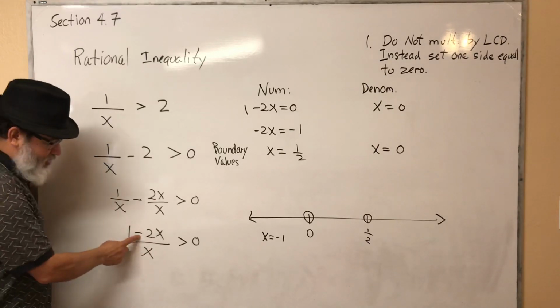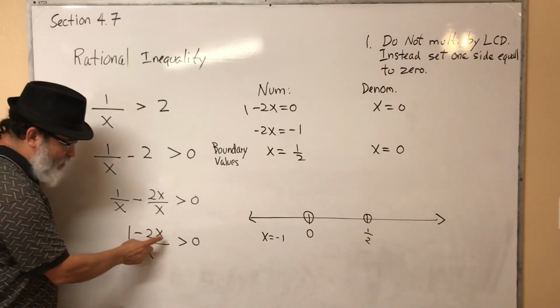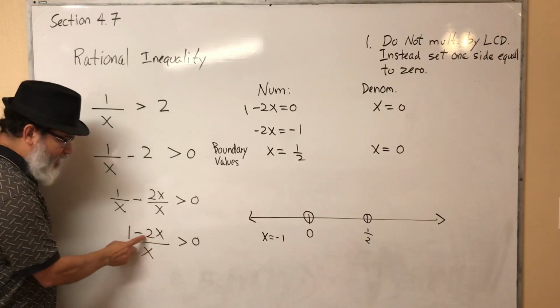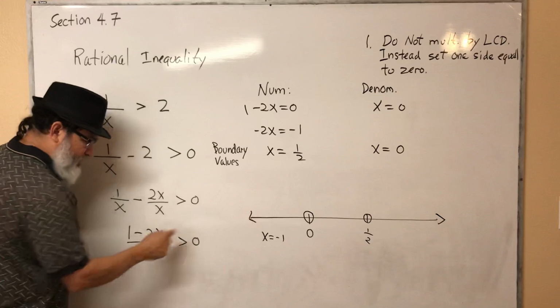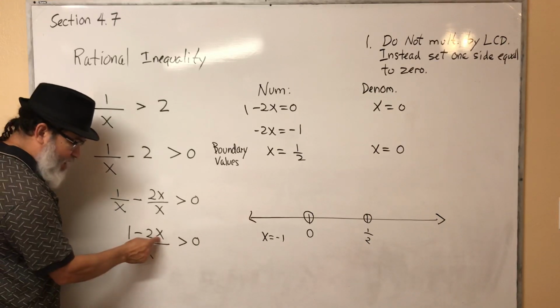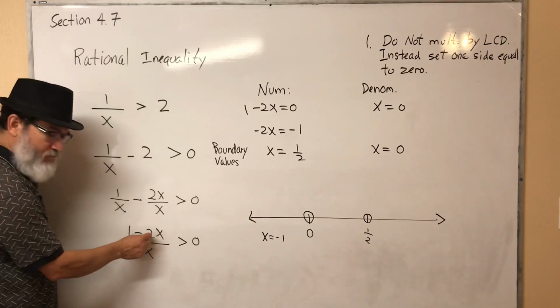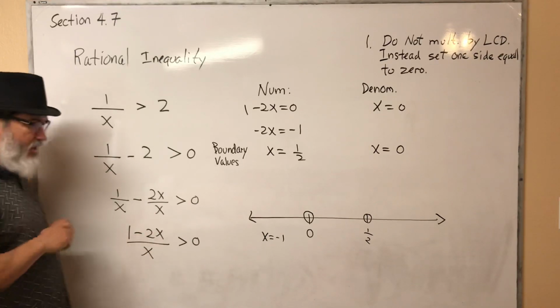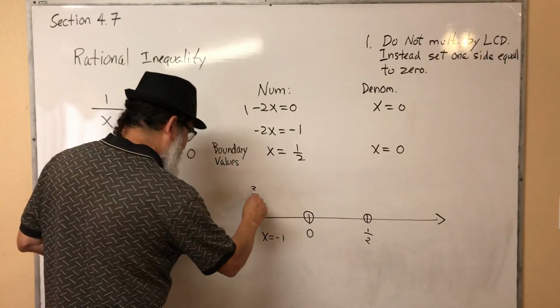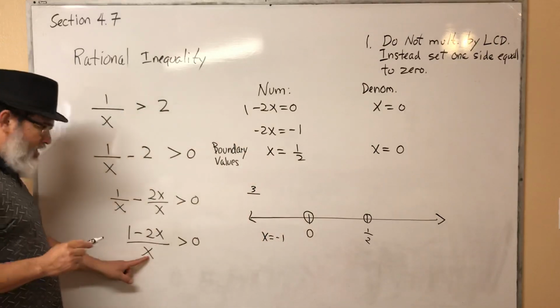What's negative 2 times negative 1? Because x is negative 1, negative 2 times negative 1 is 2. And 2 plus 1 is 3. And plug in negative 1 there.